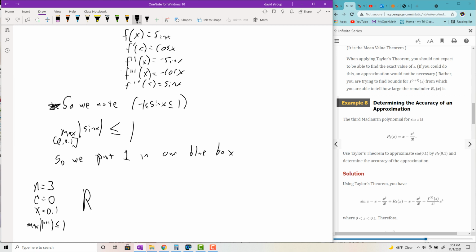So r sub 3 of 0.1 is less than or equal to 1 all over 4 factorial times 0.1 minus 0, which is just 0.1 raised to the 4th power. And then, of course, you could figure out what that thing is.